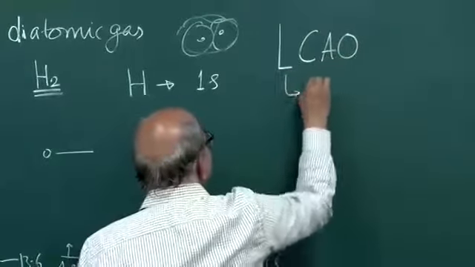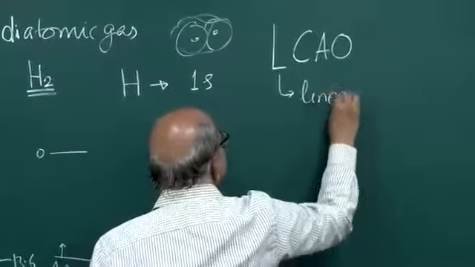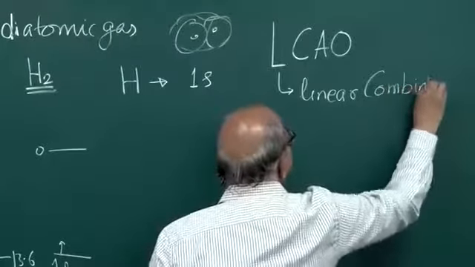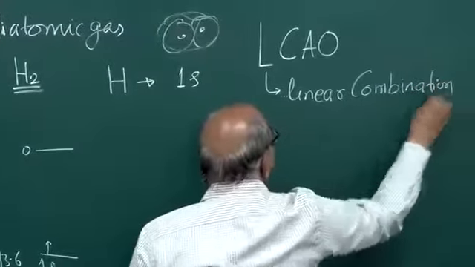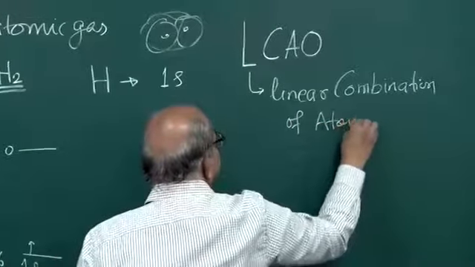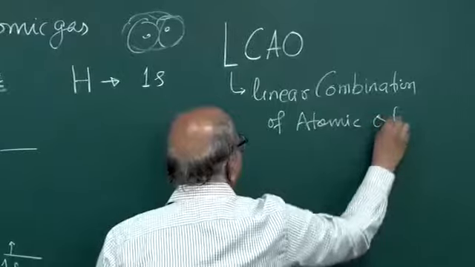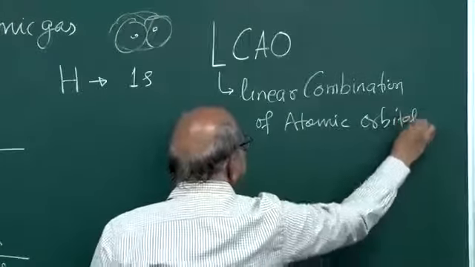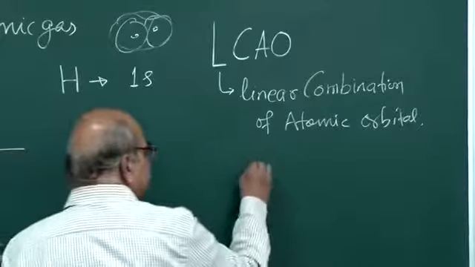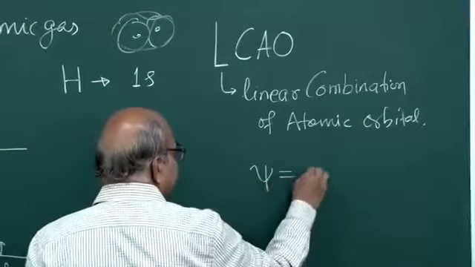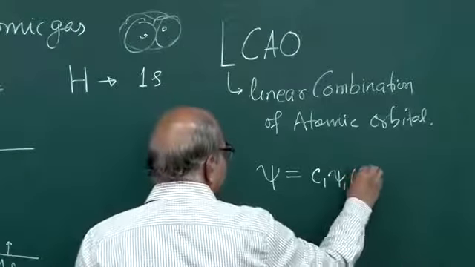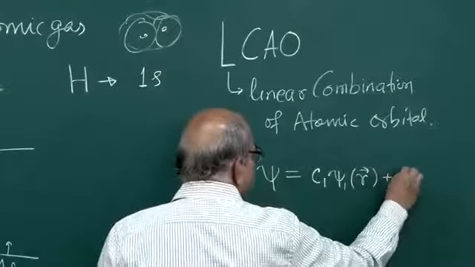This is known as linear combination of atomic orbitals, where you assume that the wave function is given by some linear combination of these two atomic orbitals, atomic wave functions.